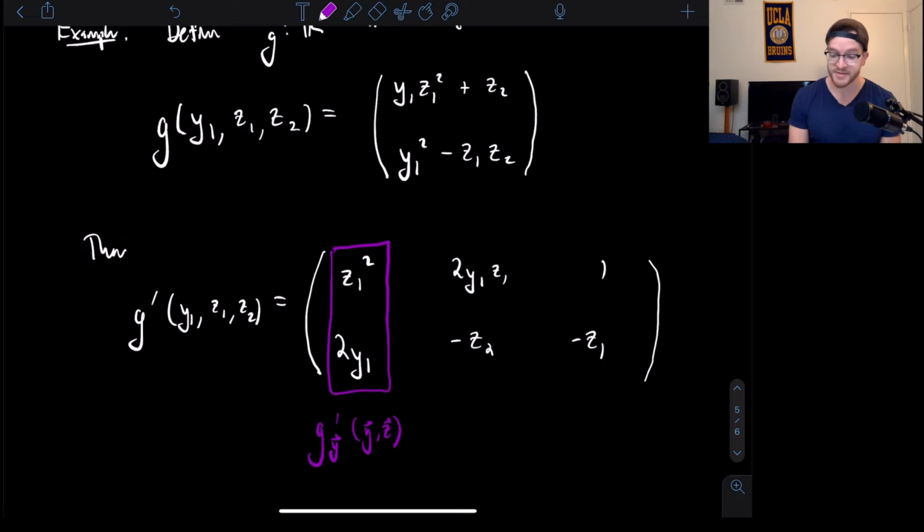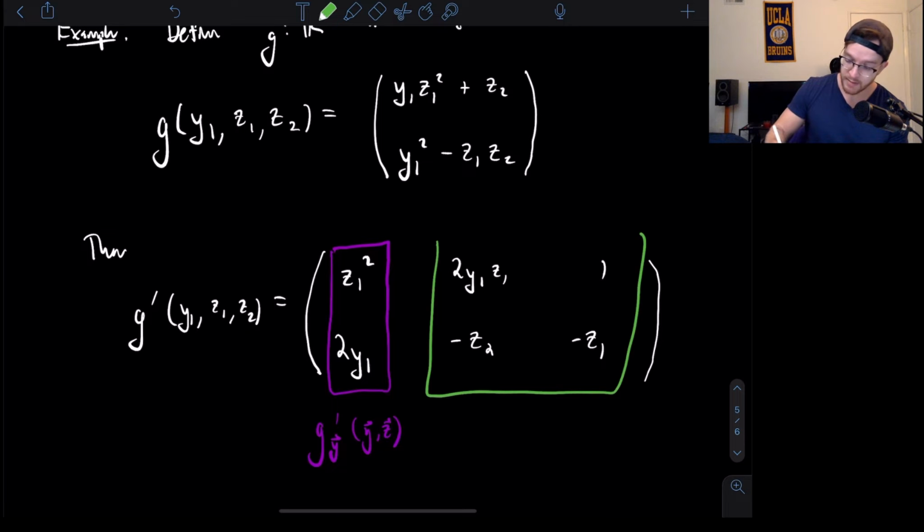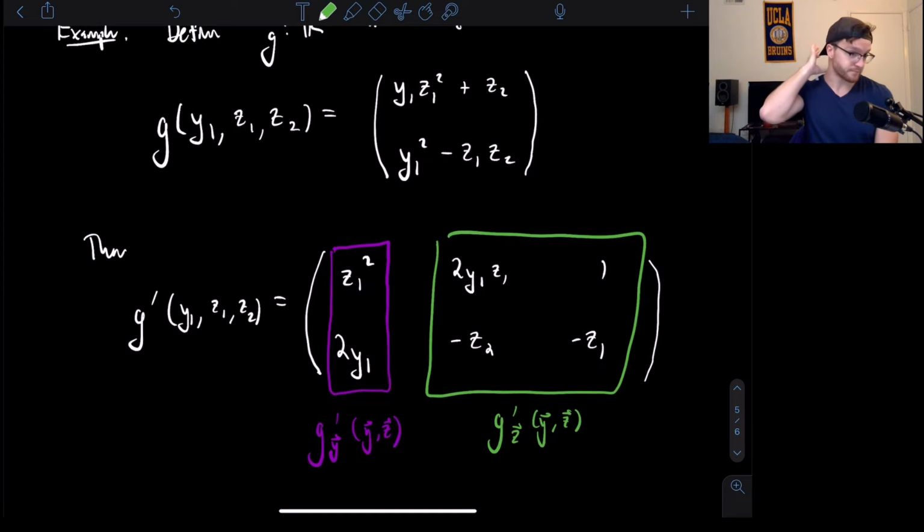So in this case, this is a 2 by 1 matrix. And this guy is G prime sub z. And again, it's a square matrix, corresponding to the derivatives of the k components with respect to the k z variables.